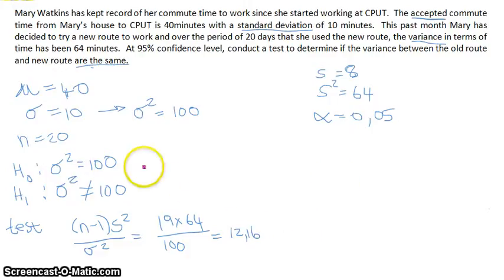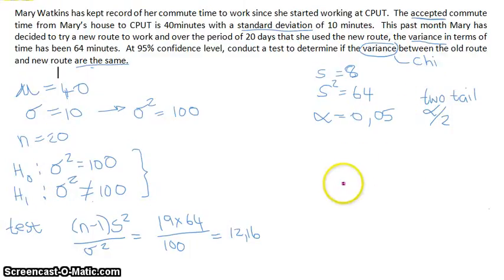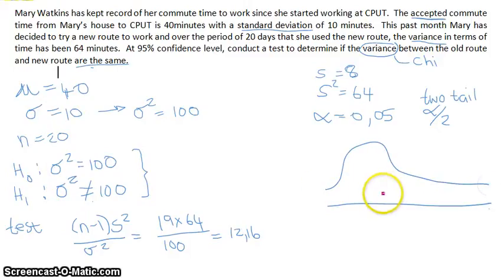Because of the equal to sign in the null hypothesis and the not equal to sign in the alternate hypothesis, we need to use alpha divided by 2, since it's a two-tailed test. And because variance is asked for, chi is the test we're going to use. When chi is used, we know that it is a non-parametric population.